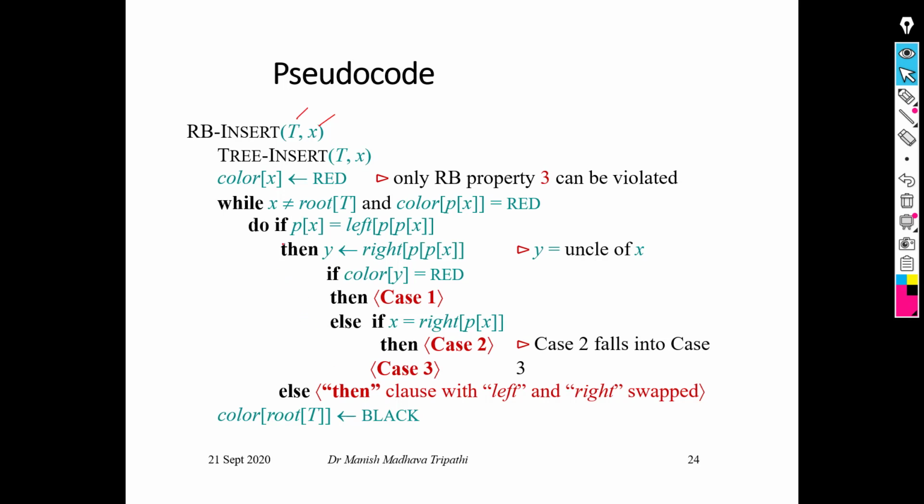So the first condition is that it is not the root node, because if it is the root node, it should be of black color. Again, color parent of X as red. The condition is that if it is not the root and its parent is red color. So I can write the thing as here.